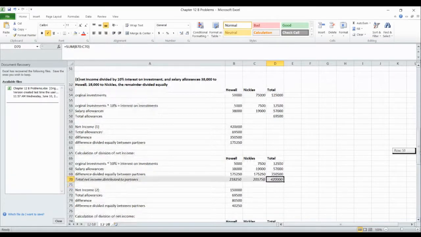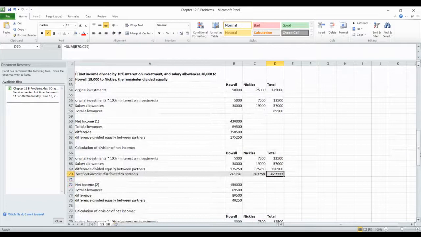For part 2 of this problem, we're using the same information, except the net income is going to be $150,000. So in other words, my total allowances of $69,500 would not change. They'll be the same as what we calculated earlier.